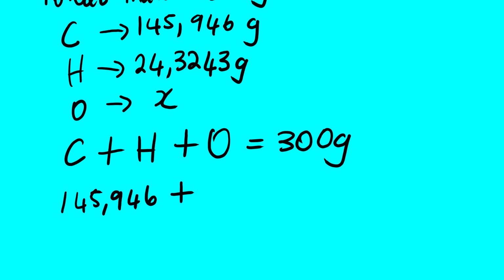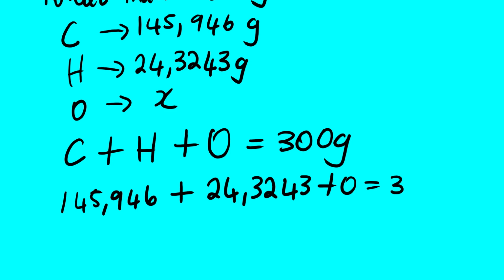So we have 145.946 plus 24.3243 plus oxygen, it should give us 300. Then solving for oxygen, we are going to have this plus this, and the answer we subtract from 300.